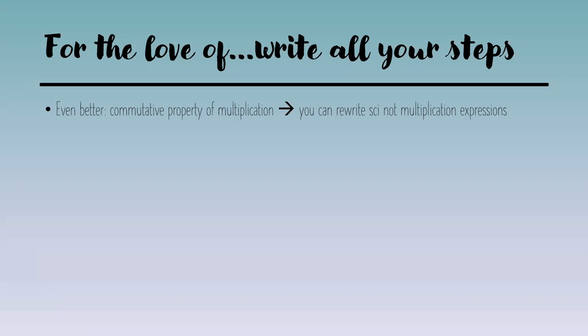Now, multiplication is commutative, right? Multiplication order doesn't matter. So we can use this. So let's say we're multiplying scientific notation expressions. Now, they're not in the same place value, but again, that doesn't matter because when you're doing multiplication in general, you don't have to account for place value in the problem.